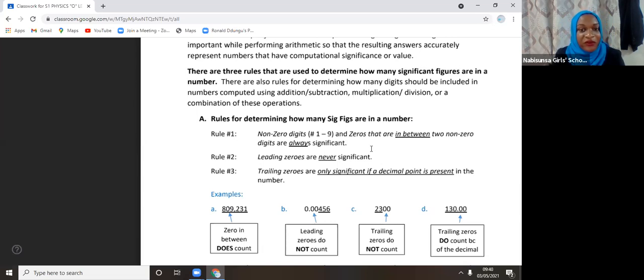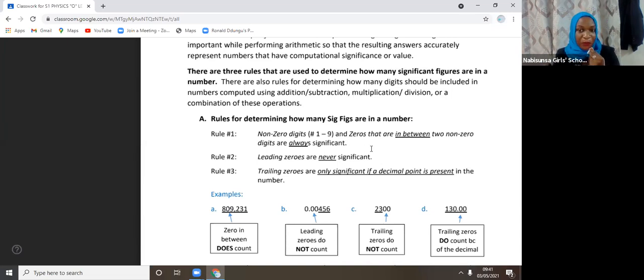We have rule 3 saying that trailing, meaning coming after, zeros are only significant if there is a decimal point in that number. So if you have a trailing one, the one that is not leading, it's coming after, you will only consider it to be significant if there is a decimal point somewhere.